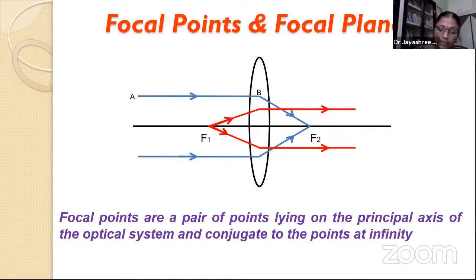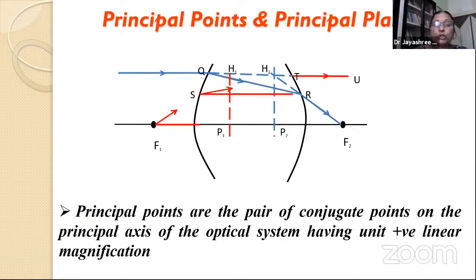This is a very important topic in geometrical optics: the six cardinal points, about which I already gave you the idea. The next two, which are again very important, are the principal points and the principal planes.